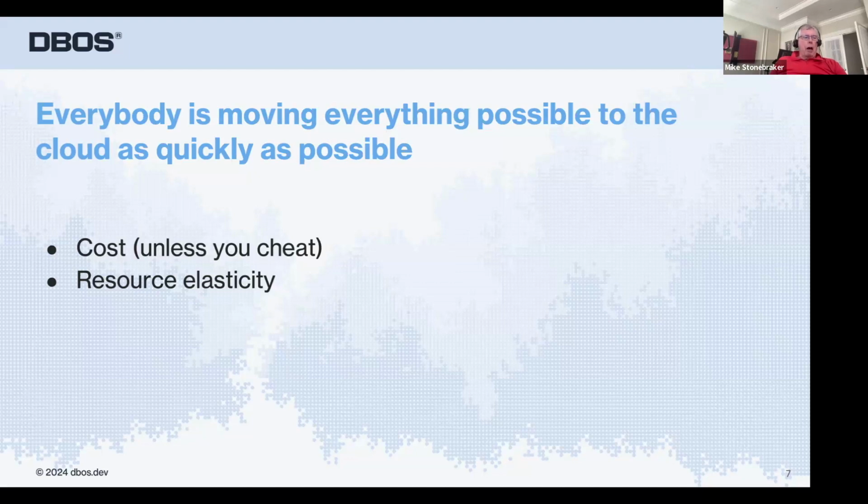Now, I'm a member of a lab at MIT, and the lab runs a data center. And the person running the data center claims that he can run the data center cheaper than Amazon can.